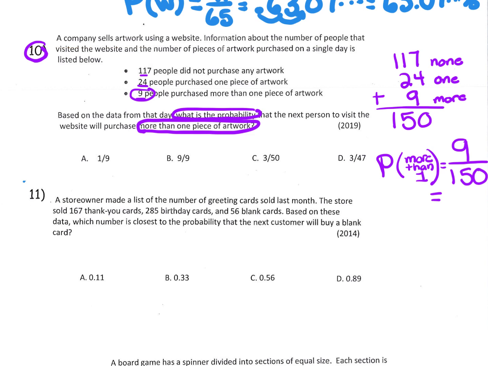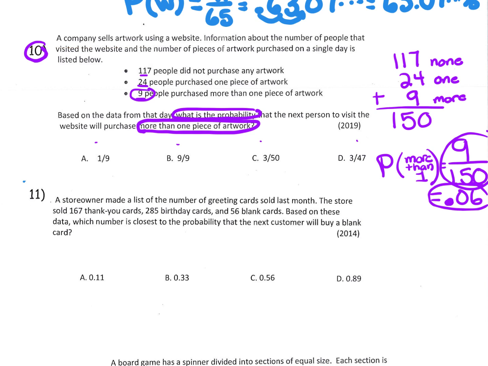So grab your calculator and punch in 9 divided by 150 and get the decimal rate. We get a decimal probability of 0.06. Okay, go through each one of the answers and see which one matches 0.06.